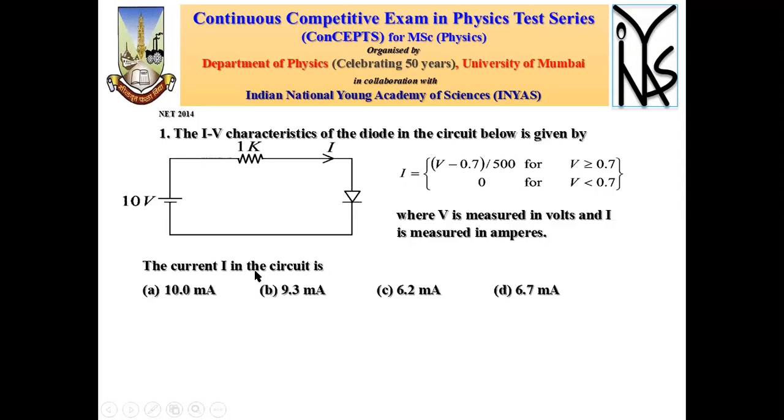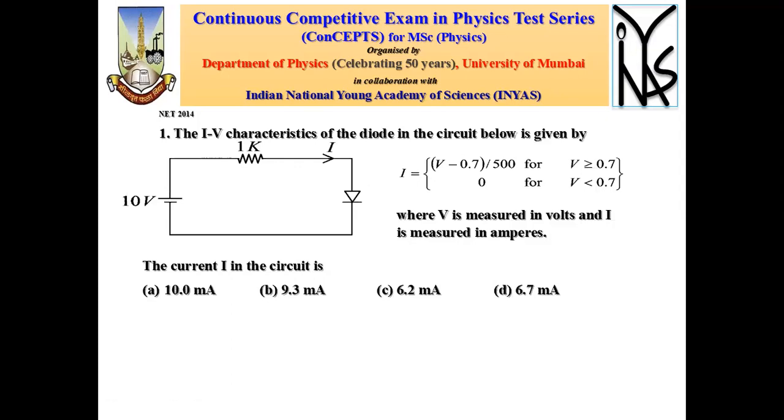The current I in the circuit, now there are 4 options. So to solve such a problem, we do not have it because our general consideration is 0.7 volt across this diode. So how to go about it? It is asking for current.